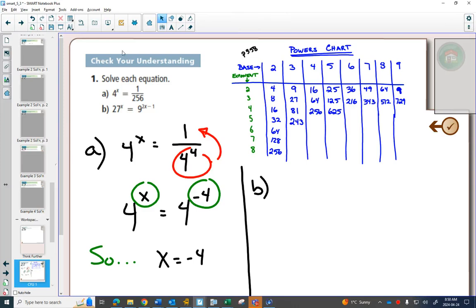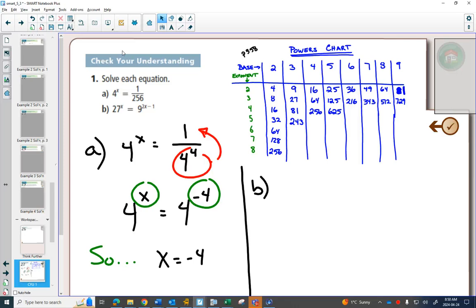If I look at 9, 27 is not in that powers chart. But 27 is not in our column with 9s.